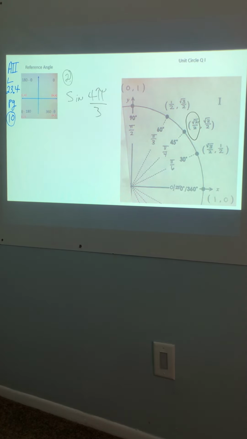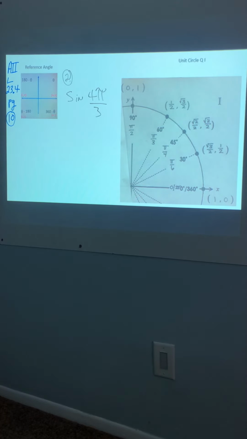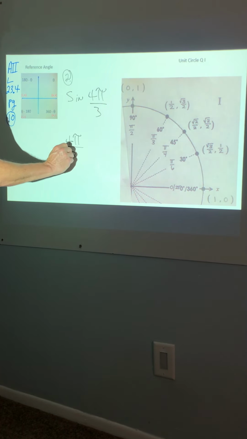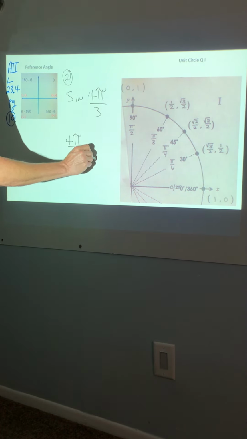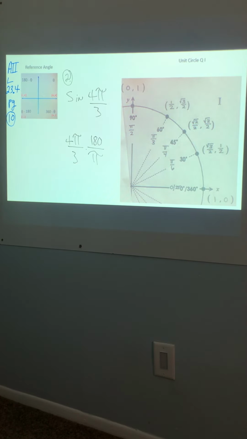First thing I would do is get rid of the radians and do this in terms of degrees. Do you remember the formula for changing radians to degrees? So, 4 pi over 3, to get the pi's to cancel, you know it's got to be down here, and you multiply by 180 over pi. You drop your pi.